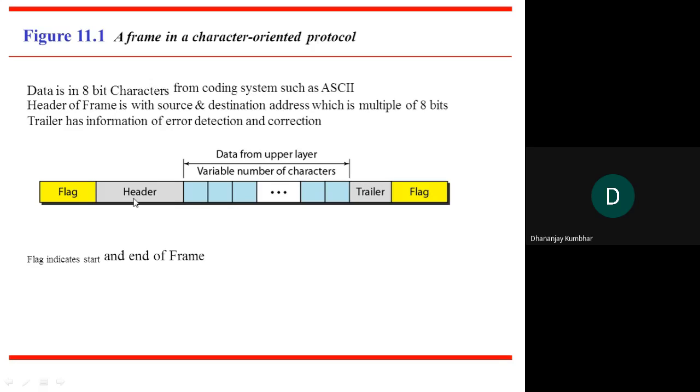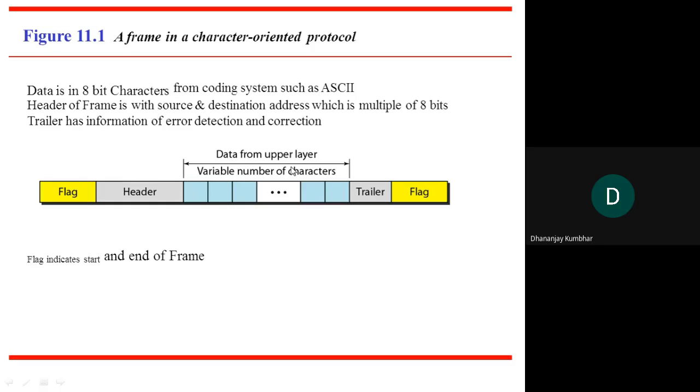Whatever we transmit, be it header or trailer which contain addresses, we can use flags. Flags are indicated by the yellow line. A flag is a character which indicates the start of the frame, and another indicates the end of the frame. Indicated by yellow are the start and end of the frame. Indicated by gray are the redundant values: the addresses in the header, and in the trailer the error control characters, where we use redundant bits. And your blue line is your actual data.